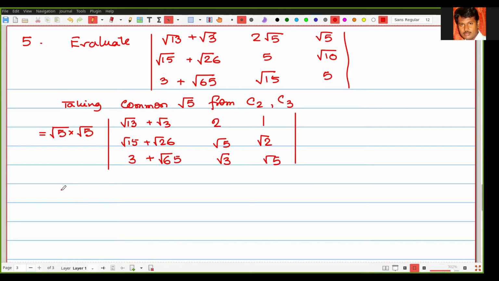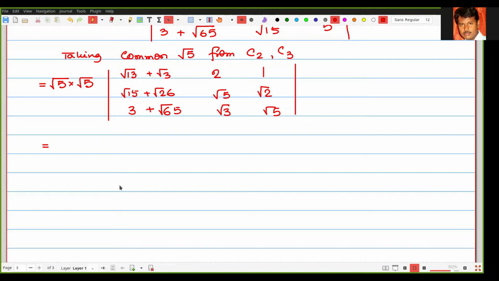Next, we are decomposing the first column.